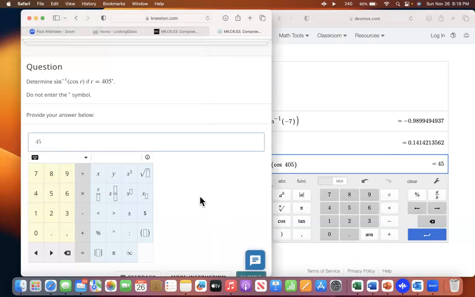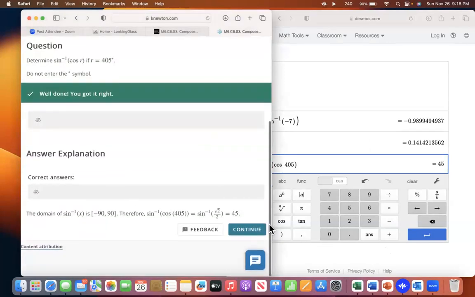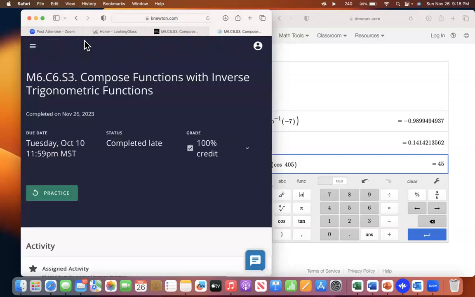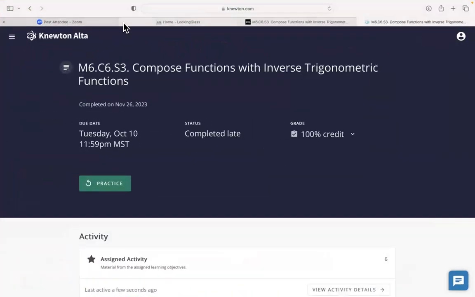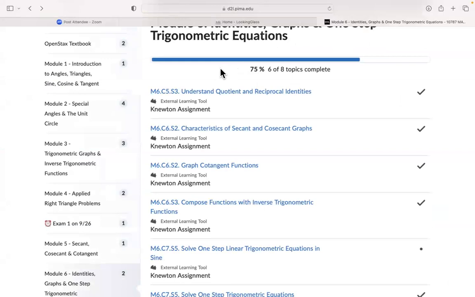Yeah. Okay. Yay. Let me make this big real quick. What was that? Composing functions.